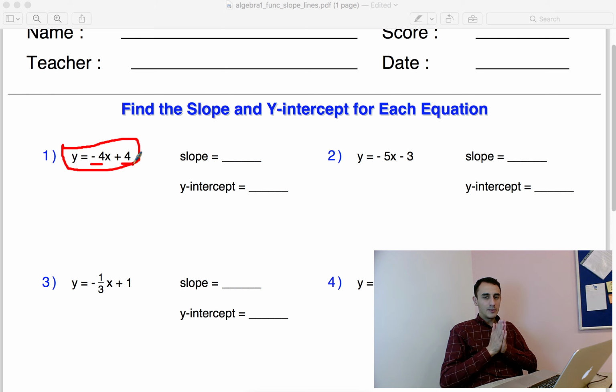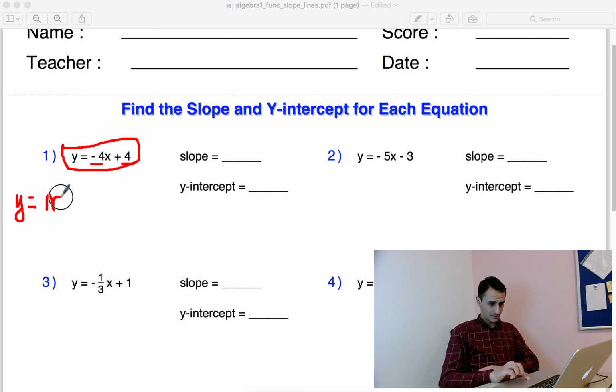So slope is m, and let me first write the general equation of the line. Y is equal to m multiplied by x and plus c. Okay?